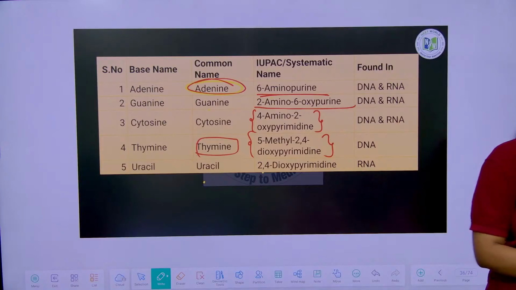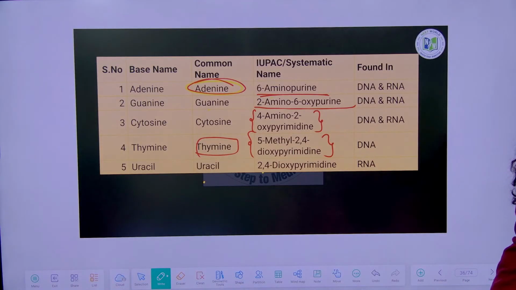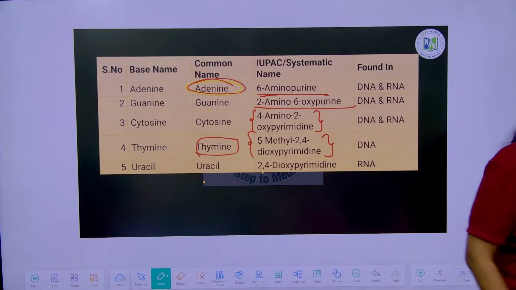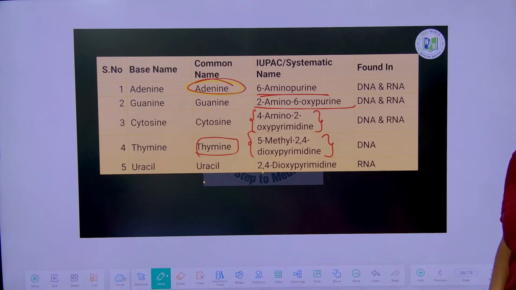Please take down, and then we will go with the terminology as well. How a nucleotide is formed. What is the name you are addressing for a nucleoside?